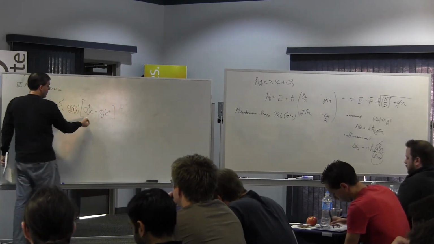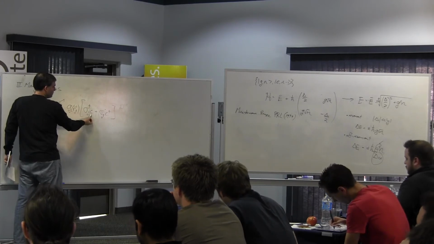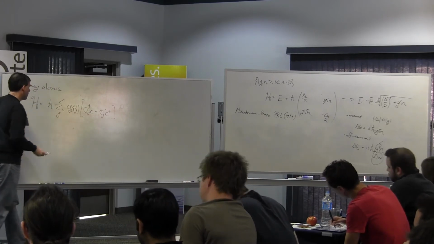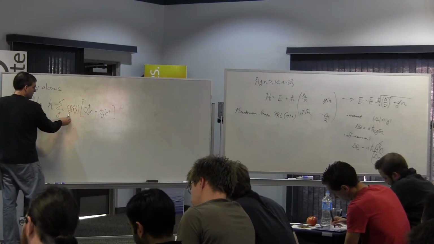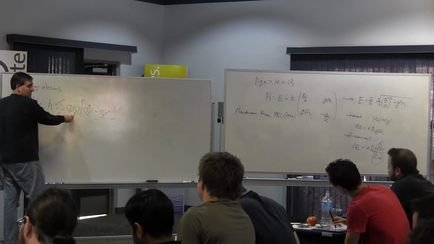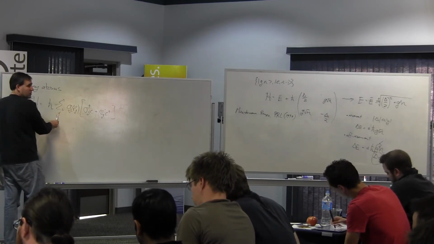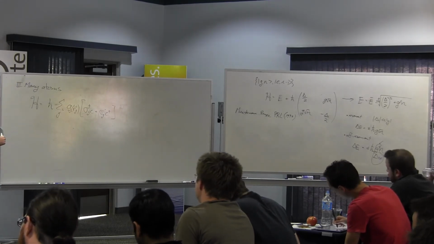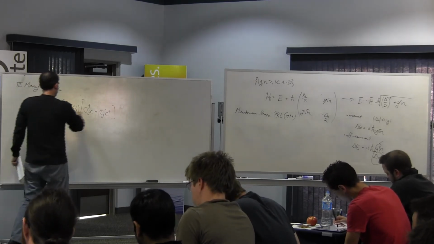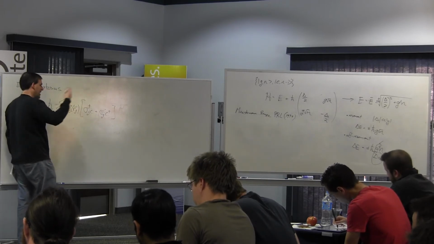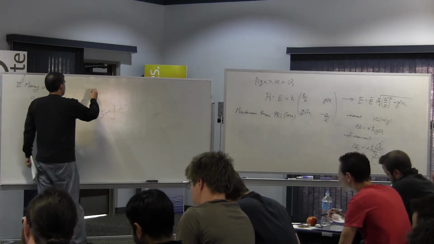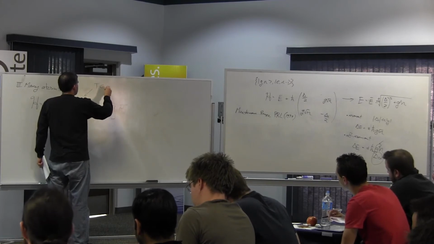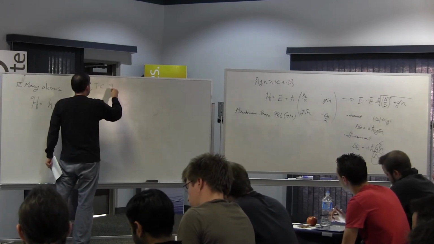So each atom can absorb a photon or emit a photon back into the cavity field, and the coupling strength depends on the position of each of the atoms, which I've labeled by the index j. A Hamiltonian with this structure, plus the atomic energies and the cavity energies, is known as the Tavis-Cummings Hamiltonian.